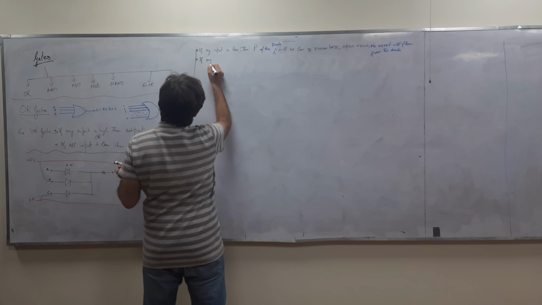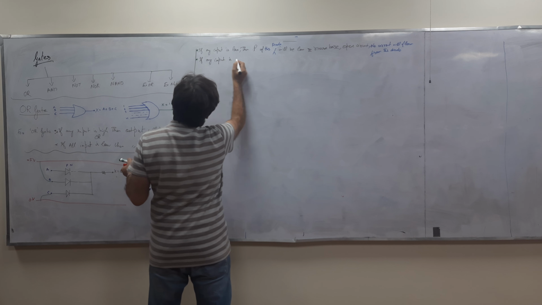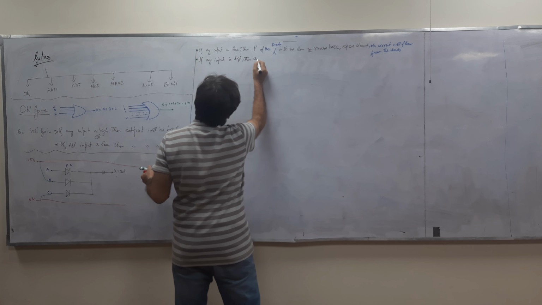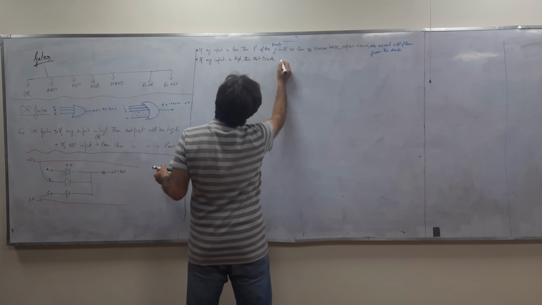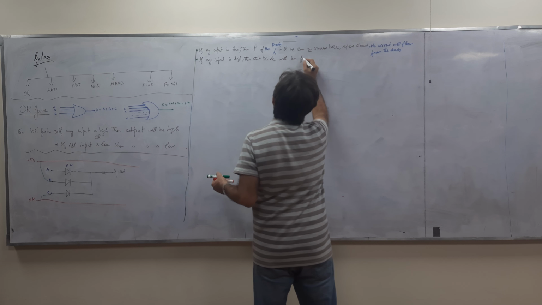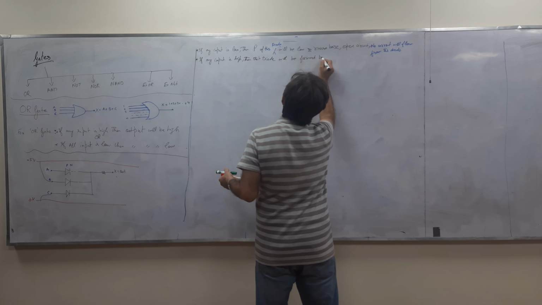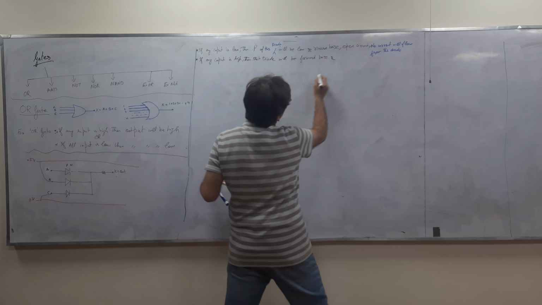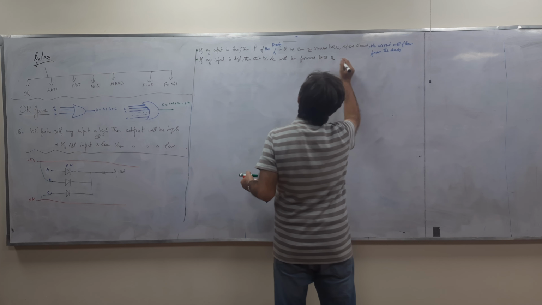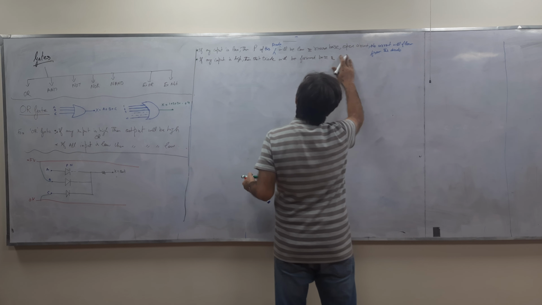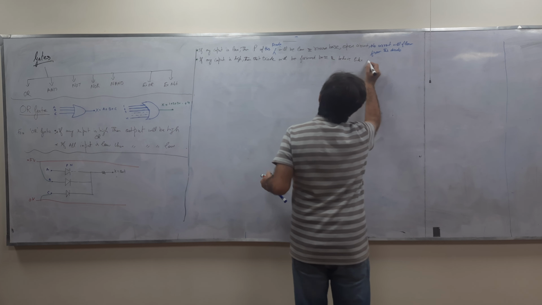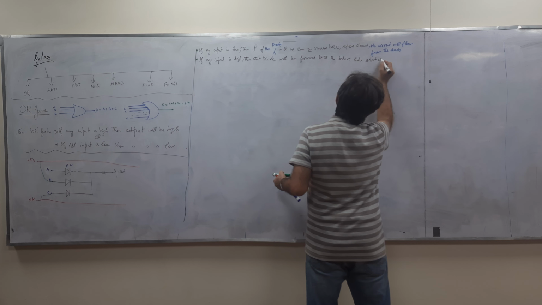If any input is high, then that diode will be forward biased and the circuit will behave like a short circuit.